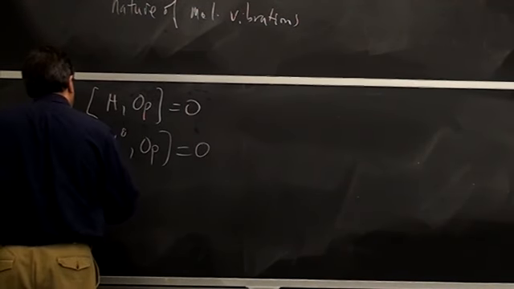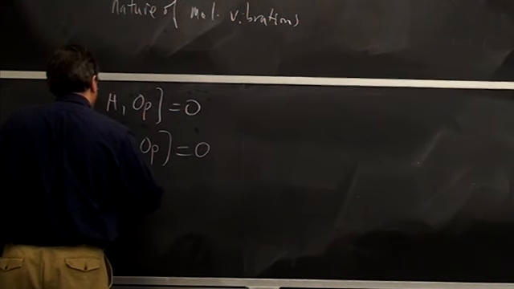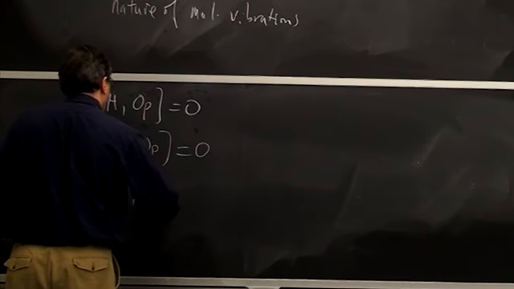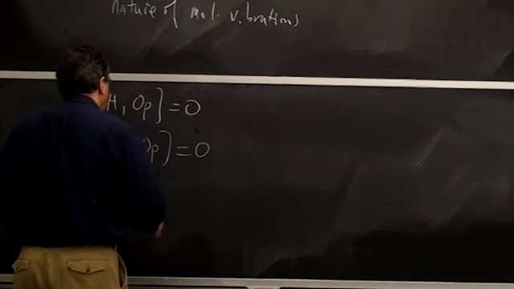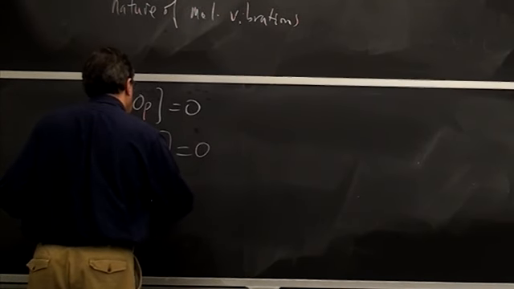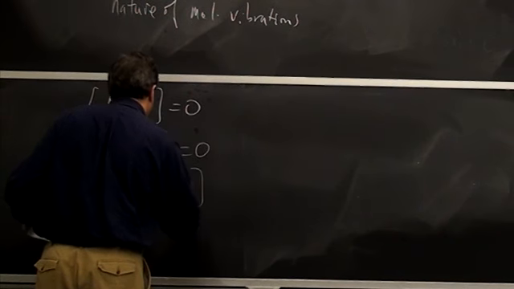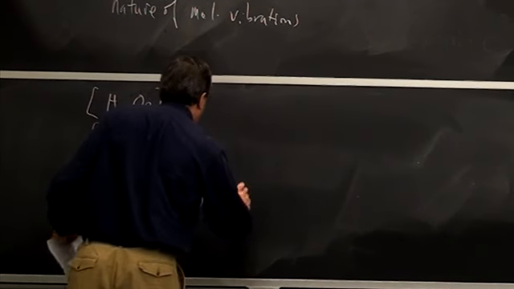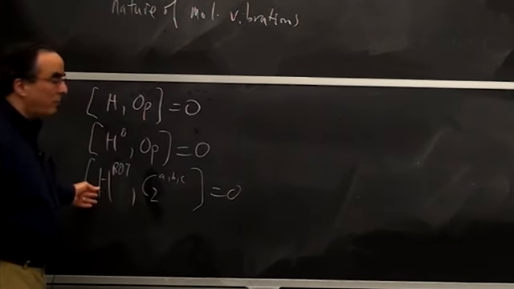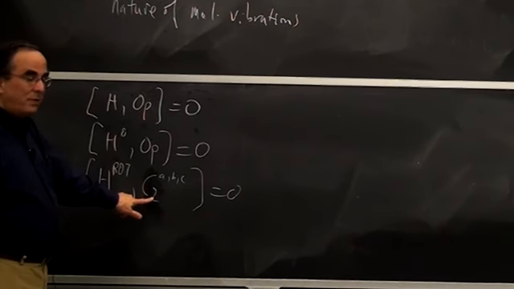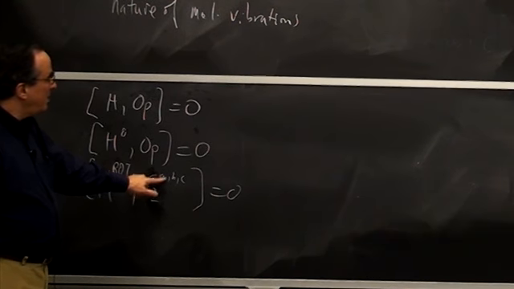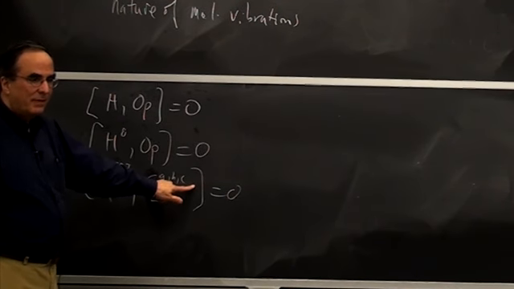Then there's a third thing, and in particular, C2 a, b, c. It's always true that the rotational Hamiltonian commutes with C2 rotations about the a, b, or c axes.